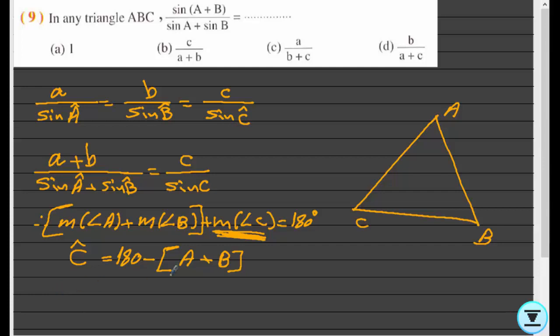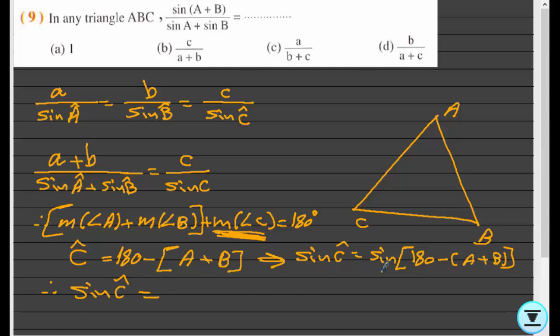So we can say that sine C equals sine of (180 minus (A plus B)). Sine of 180 minus (A plus B) equals sine of (A plus B).